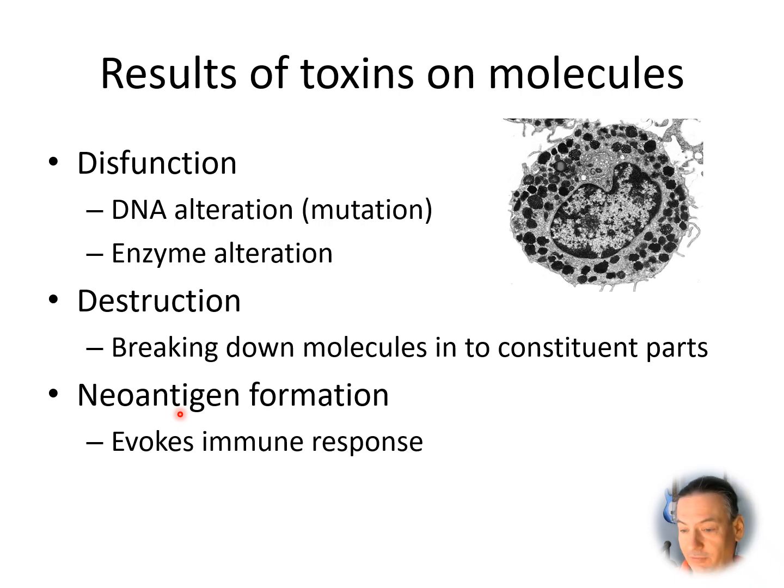Classic example, think about that urushiol oil in poison ivy, creating that immune response. So the damage is actually being done by your body itself, not by the cells or the toxin interacting directly with your cells, but by creating a secondary metabolite that effectively is then damaging your cells.